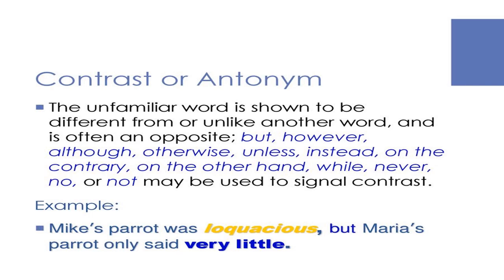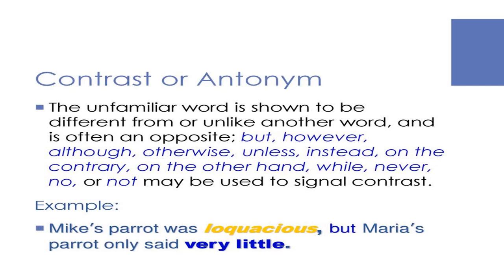An example, Mike's parrot was loquacious. I don't know what loquacious is. Let's continue. But Maria's parrot only said very little. Okay, I know the word but. It's a transition that connects two different ideas or two different meanings. And what's after but is the opposite of what's before it.